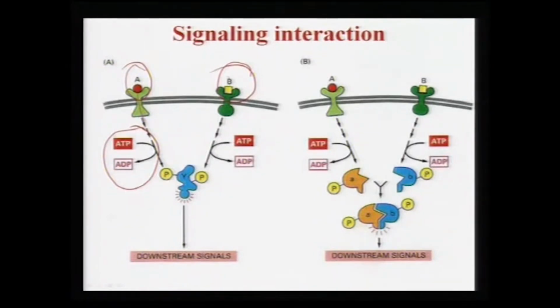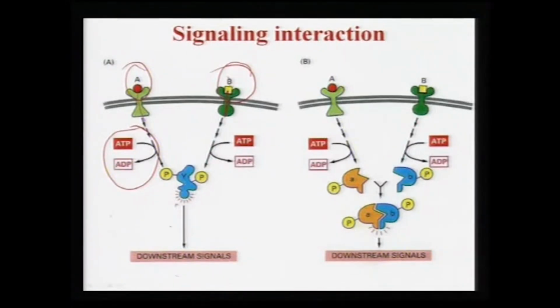Similarly, signal molecule B comes and then it also gets attached to another cell surface receptor. These receptors act more like tongs or scissors-like things, which simply come and sit here, this signal molecule, and then it will be activating the downstream signals here.